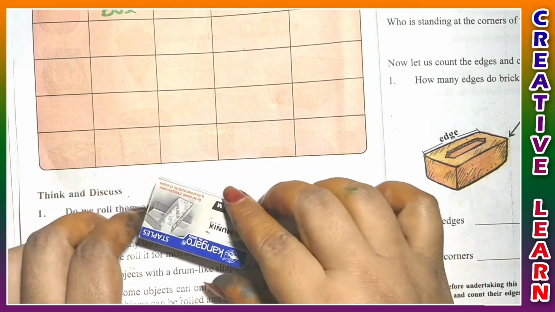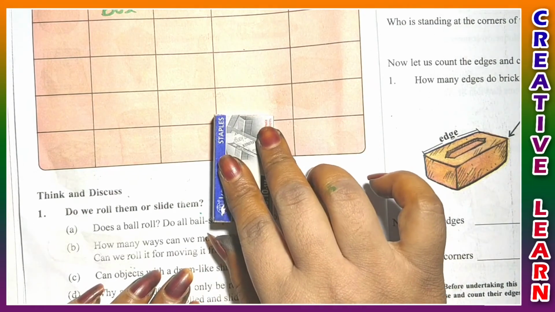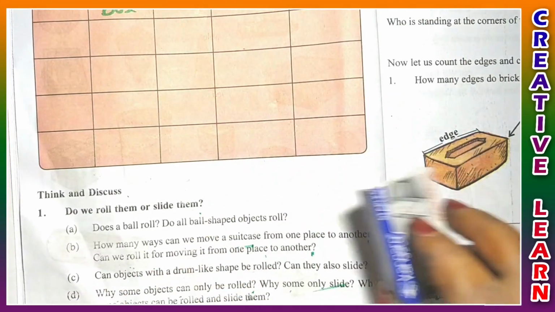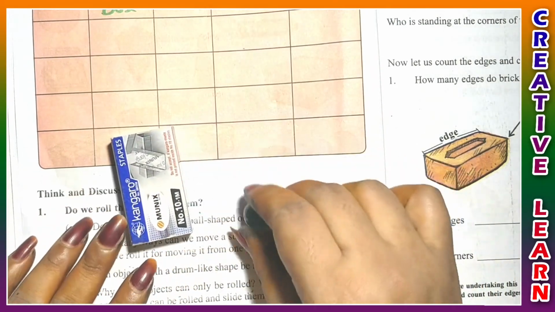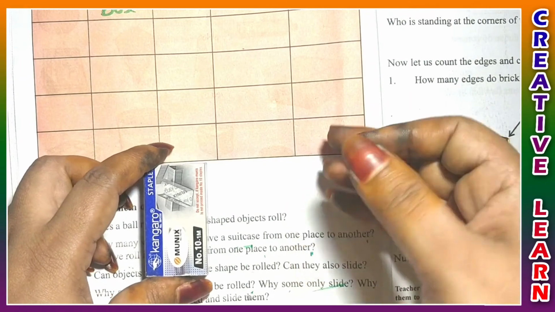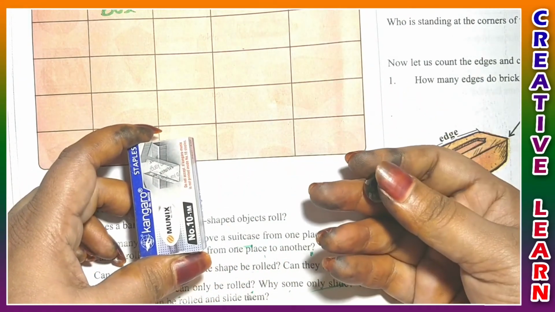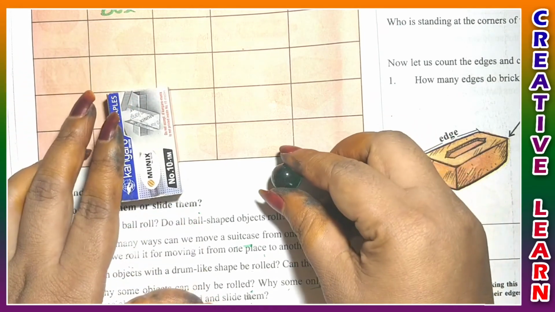So just we can move it by slide only. We can't roll this. But when we come to ball shape objects like this, we can roll them. So what is the difference? What is the difference between these two objects? This one only slide, this one only roll.